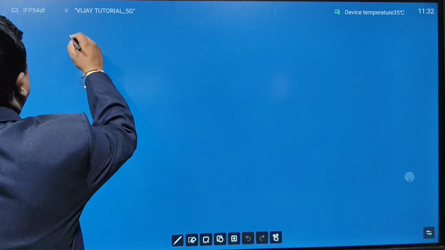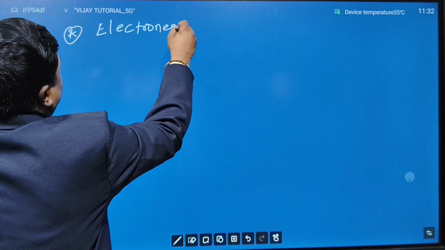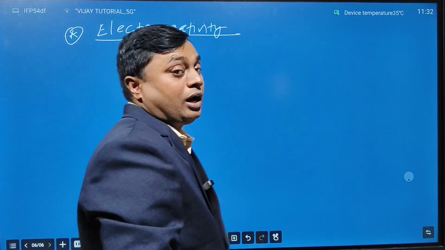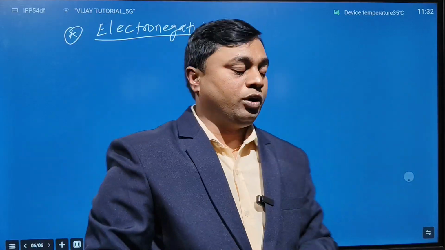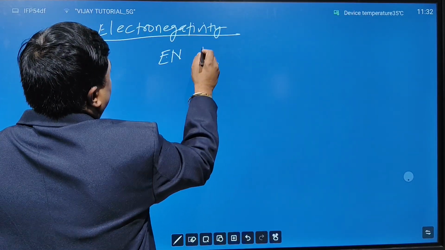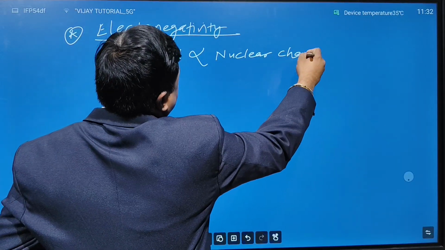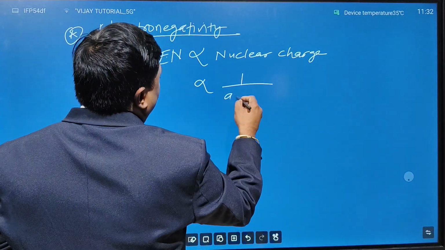Next we have electronegativity. Electronegativity is defined as the tendency to attract the shared pair of electrons, especially in the case of a covalent bond. Electronegativity is directly proportional to the nuclear charge. It means if the nuclear charge is more, electronegativity is high, and it is inversely proportional to the atomic size.